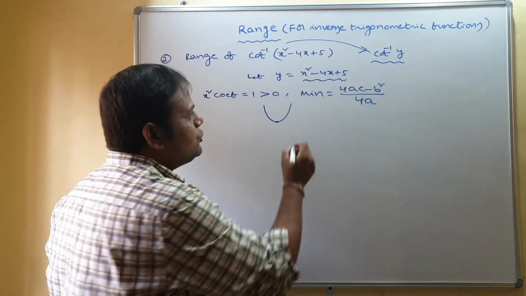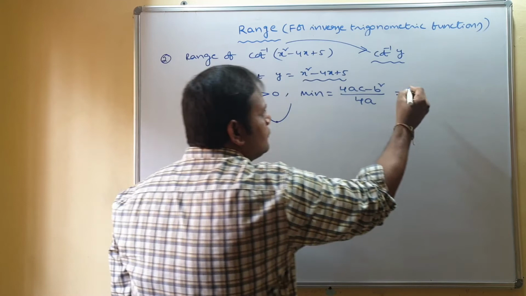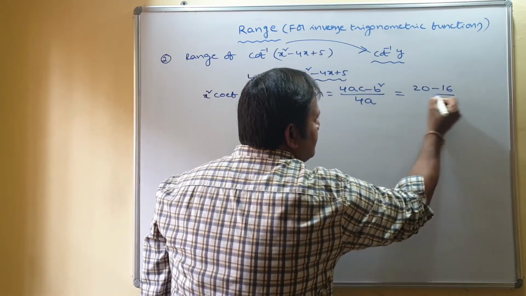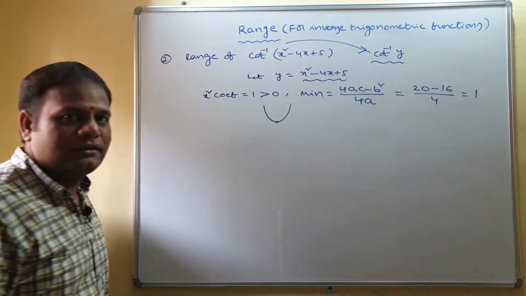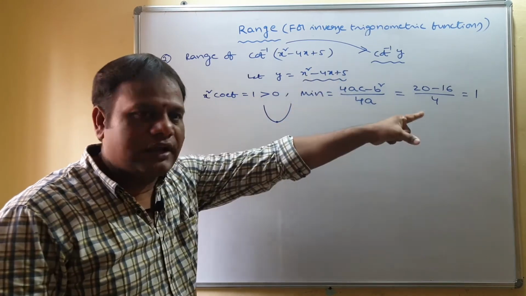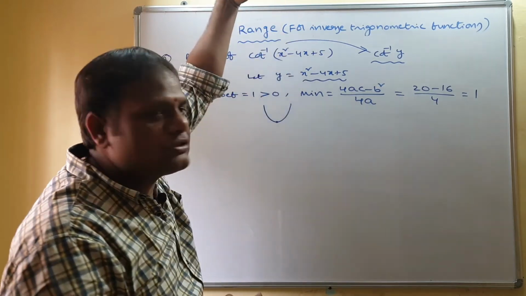So 4 into 1 into 5 is 20, minus b square, which is 16, by 4a, which is 4. 4 by 4 is 1. So the minimum value of this function is 1. What about the maximum? Yes, it is going up, so it approaches infinity.